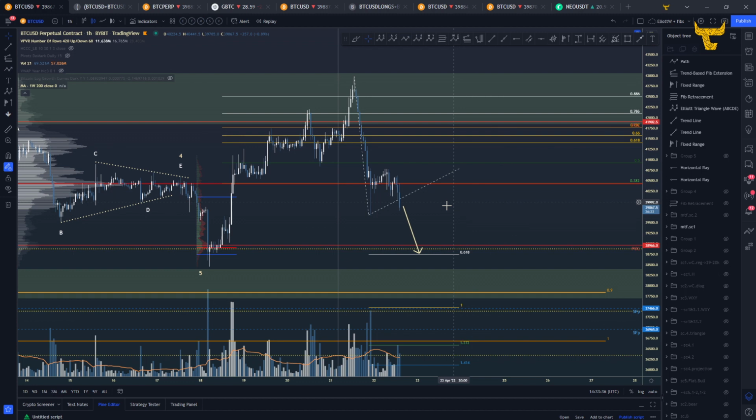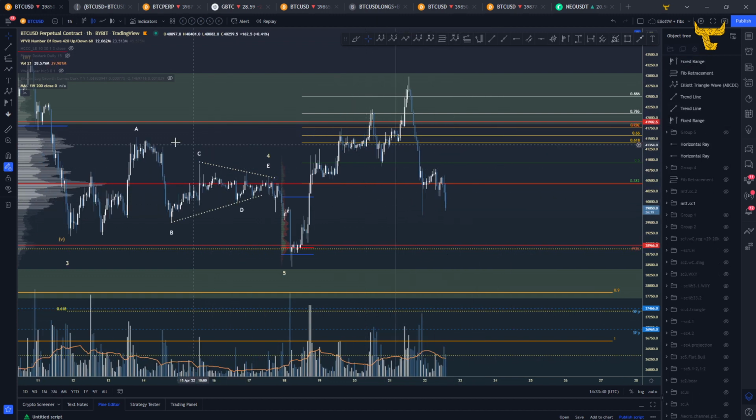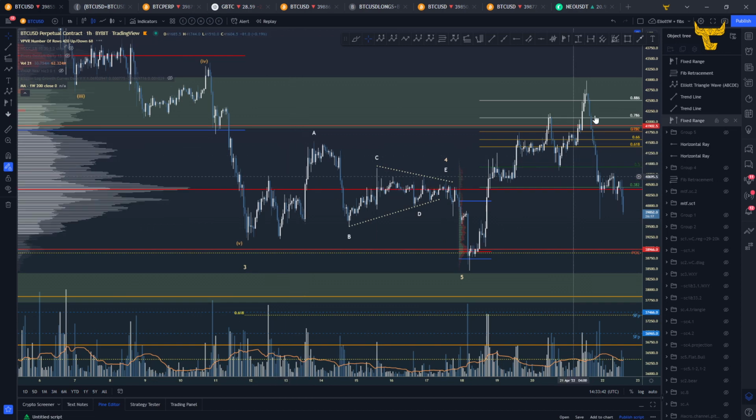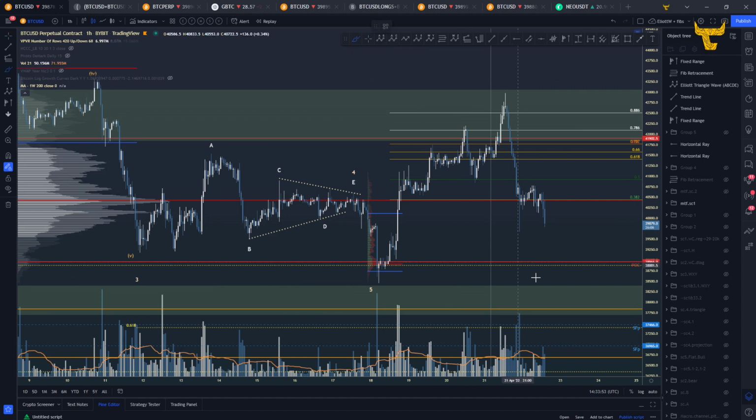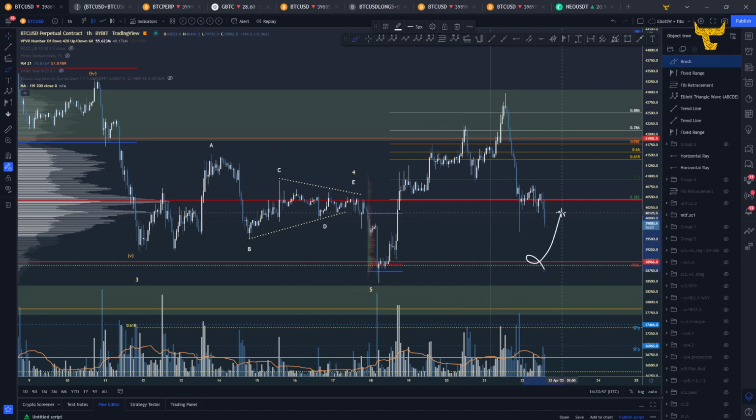Just an idea. For now, we are still in the range, a range that has been established here locally since April 10, 11. That's when we enter the range. So reaching the bottom of the range, at least it's not a place to sell, it's a place we should favor long.